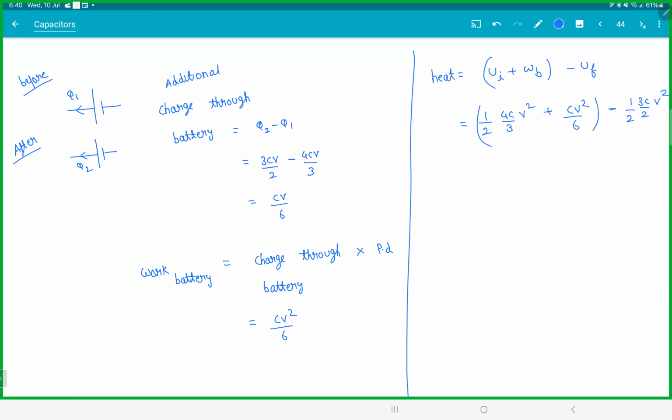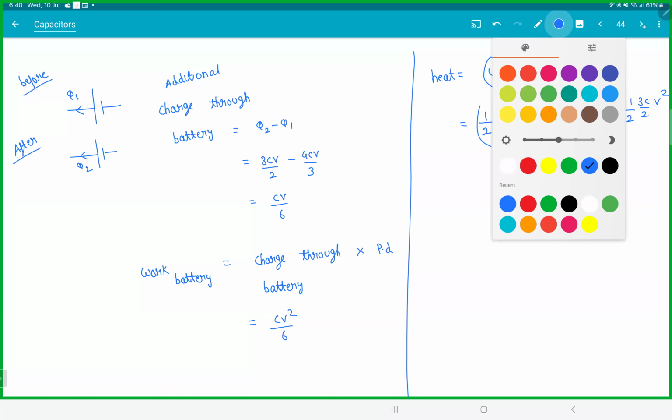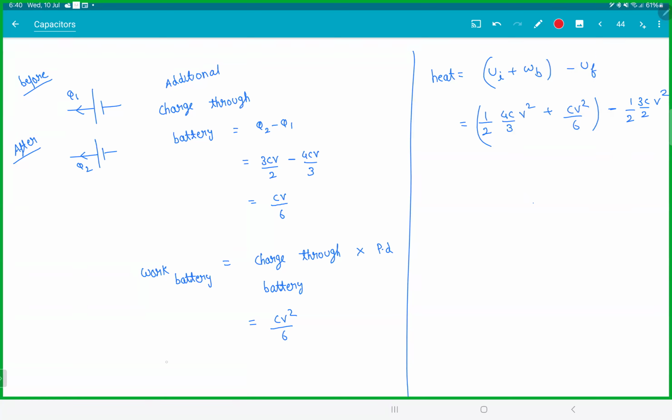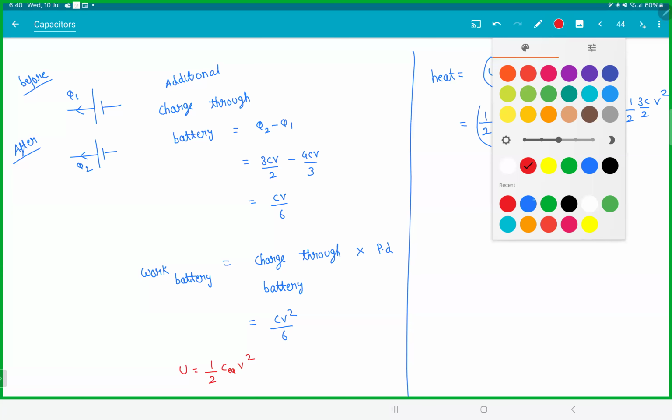I'm simply using half C equivalent V square, isn't it? So potential energy is nothing but half C equivalent V square. You can replace the whole thing with one single capacitor. Why calculate for each capacitor? You can replace all the 4 capacitors with one single capacitor. You'll get C equivalent. So half C equivalent into V square is the energy stored. There is no need to find it for each capacitor.